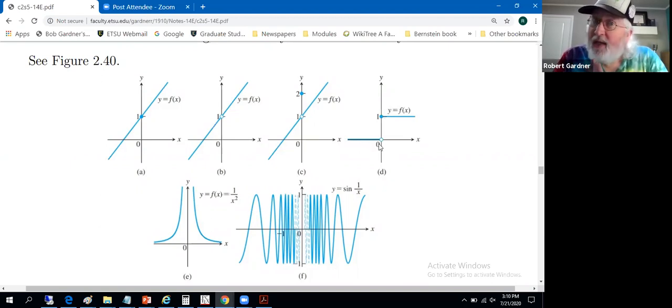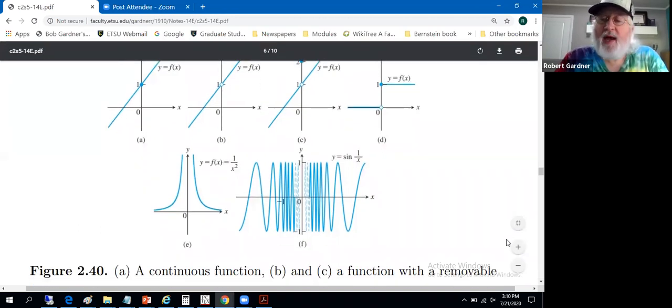That's one-sided continuity, but in terms of regular old two-sided continuity, 0 is an interior point of the domain. So it's not continuous at 0. The left-hand and right-hand limits are different. From the left, the limit's 0. From the right, the limit's 1. And that's what you have when you have a jump discontinuity, aptly named, given the picture.